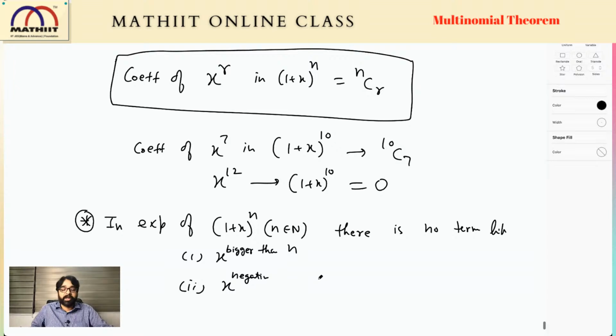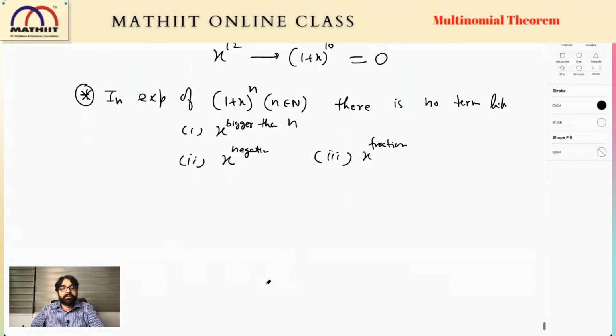You cannot get x power negative. You cannot get x power fraction. These three are impossible. Always remember, these three are impossible. Have you understood? Coefficient of x power bigger than n is impossible in the expansion. There is no term which contains x power negative. There is no term which contains x power fraction. Condition: n belongs to natural number. Right?